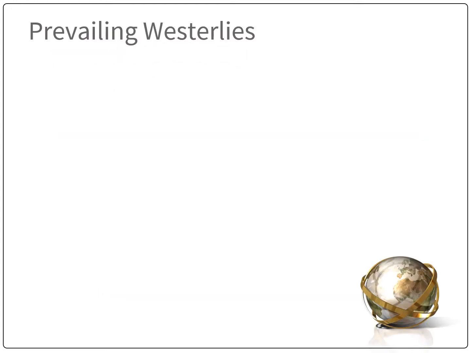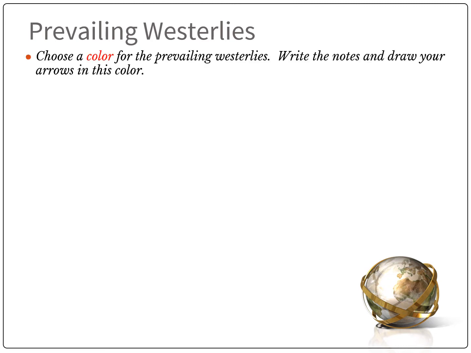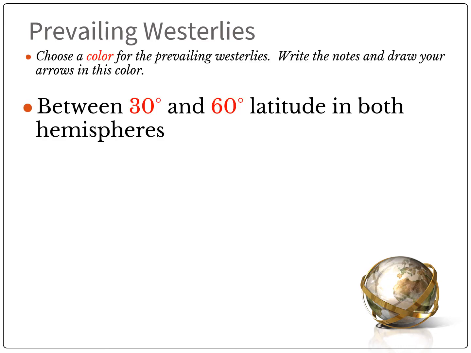The first global wind we're going to talk about are prevailing westerlies. The prevailing westerlies happen between 30 degrees and 60 degrees. So that's between 30 and 60 degrees north and 30 and 60 degrees south.